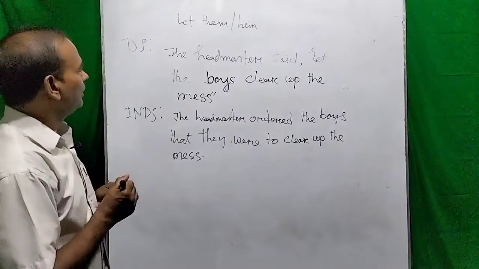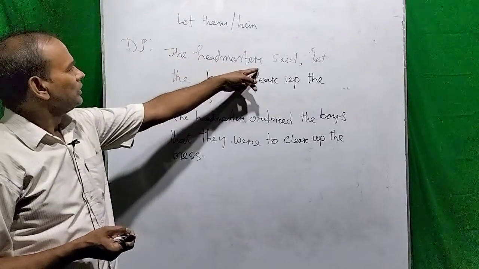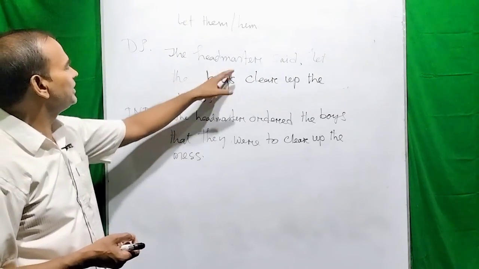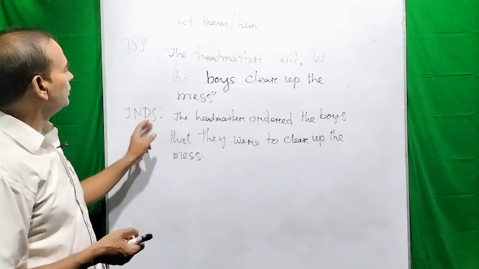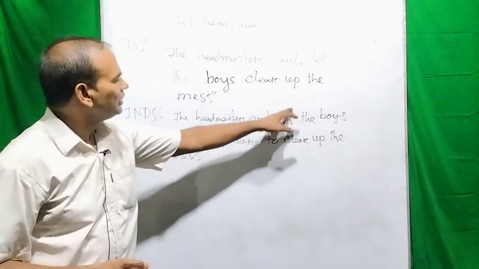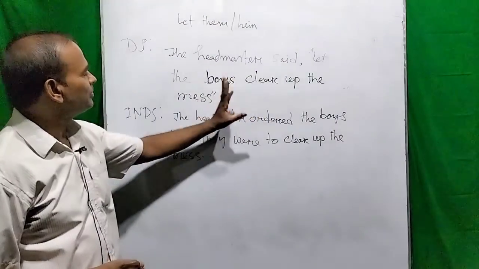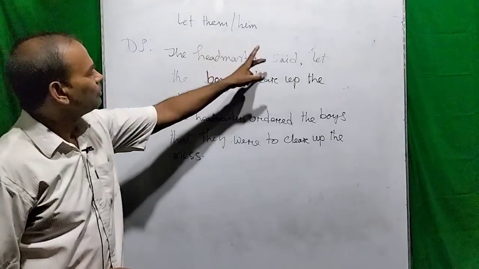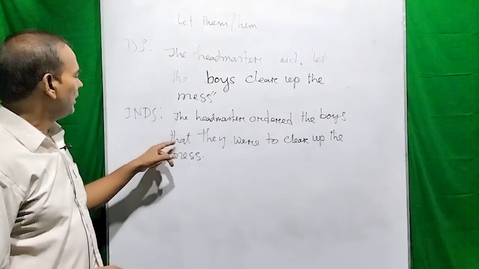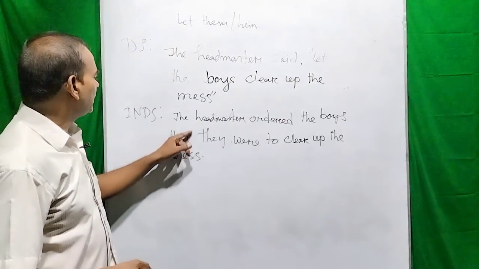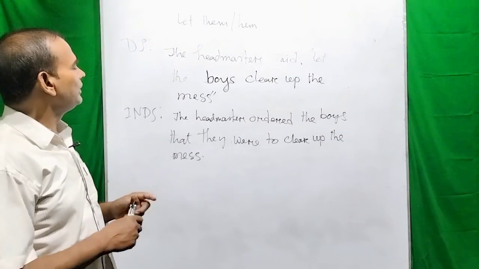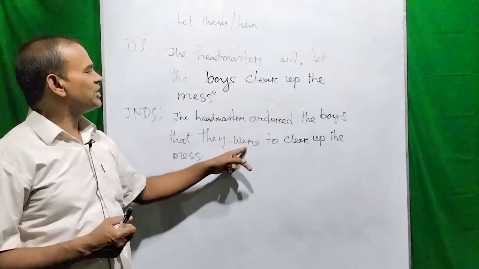Dear viewers, you can see that the let has been focused here in this sentence, and let is giving the sense of order. So in the indirect speech the reporting verb has been changed into ordered, and after that I have taken the object and the conjunction that, and then we have to use the be plus infinitive construction.